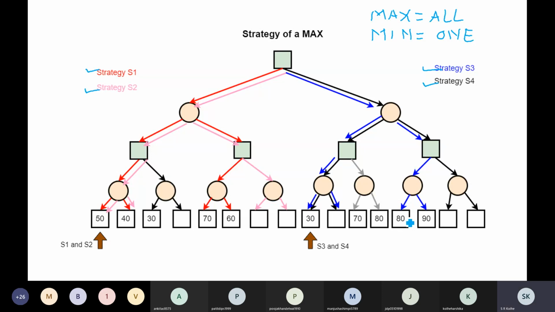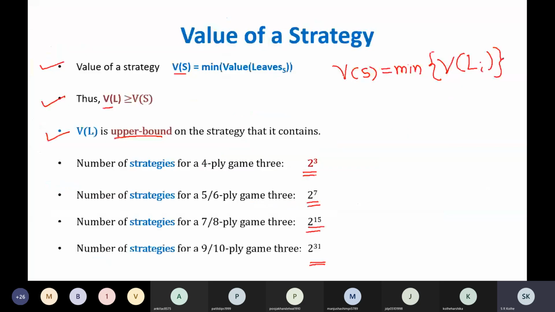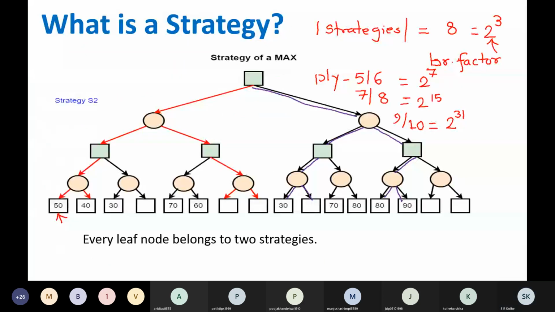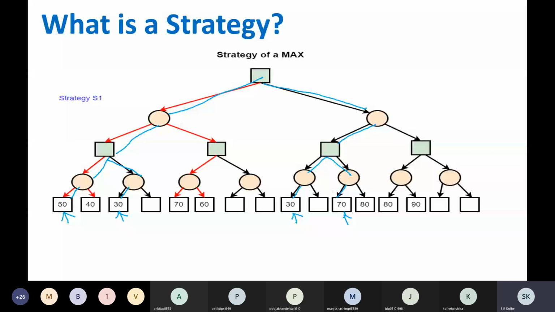So for this simple mechanism, we have seen that at max you select all, at min you select 1. That has resulted in these 4 nodes 50, 30, 30 and 70. So the first step of this algorithm will return these 4 nodes, not this 40.